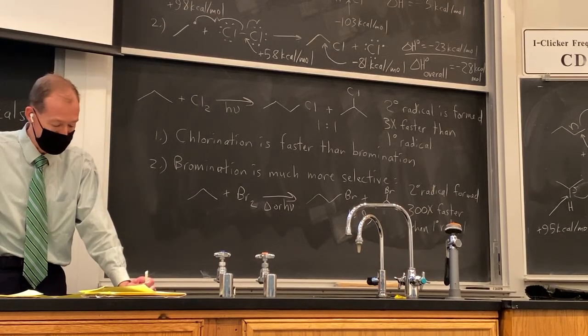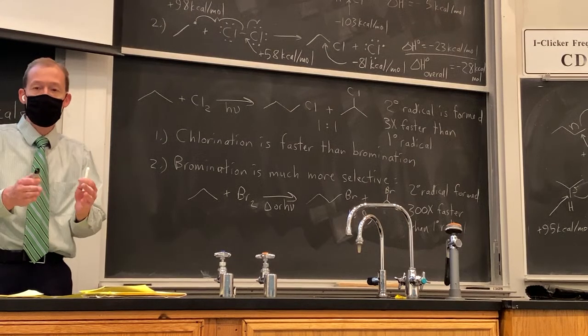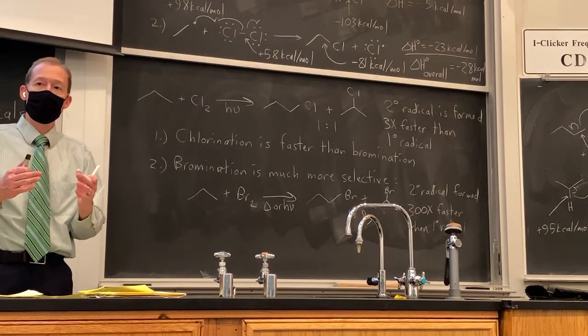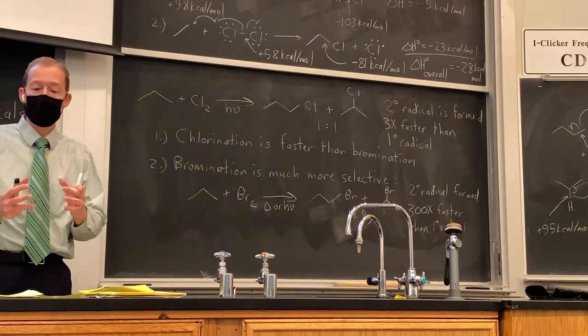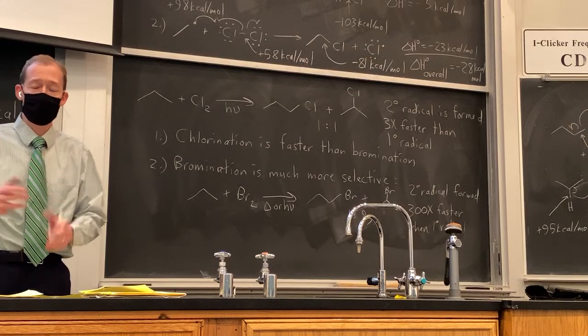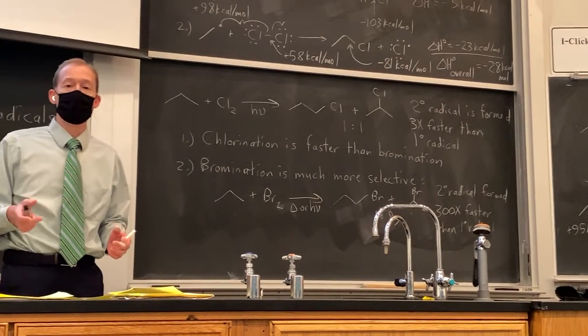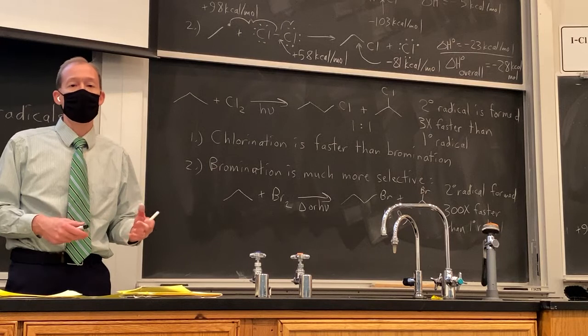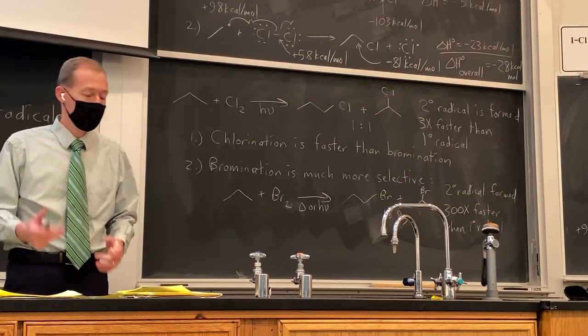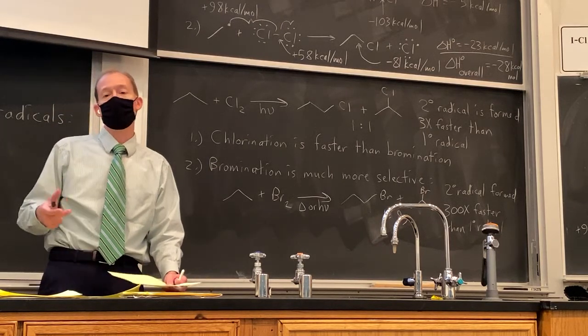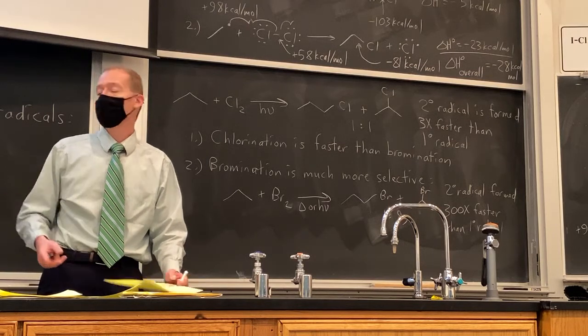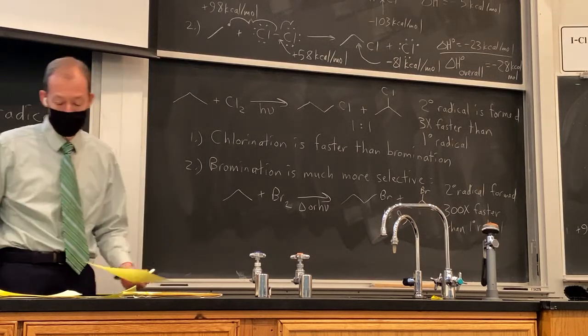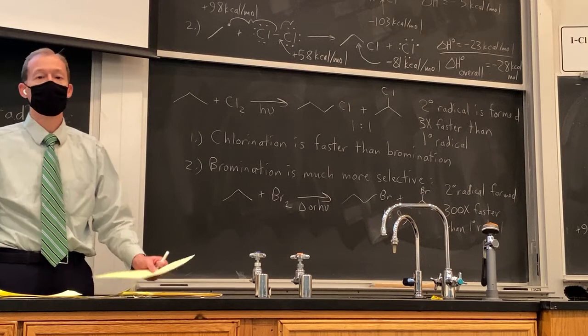So in practice, chlorination is good only when we have alkanes where all the hydrogens are equivalent. Bromination is good if we want to form secondary or tertiary bromides because the rate for forming a primary bromide would be really, really slow. So we're only going to get secondary or tertiary bromides.